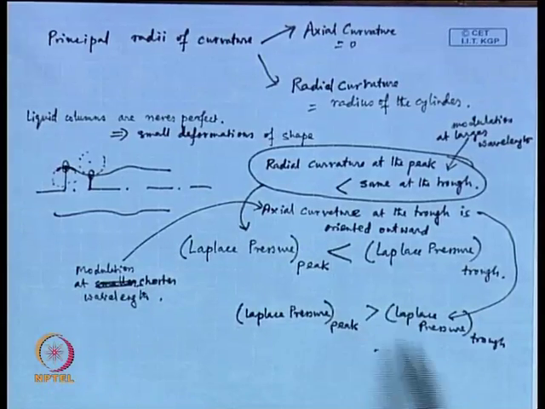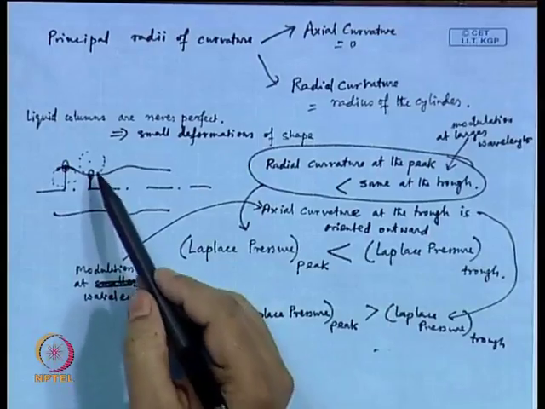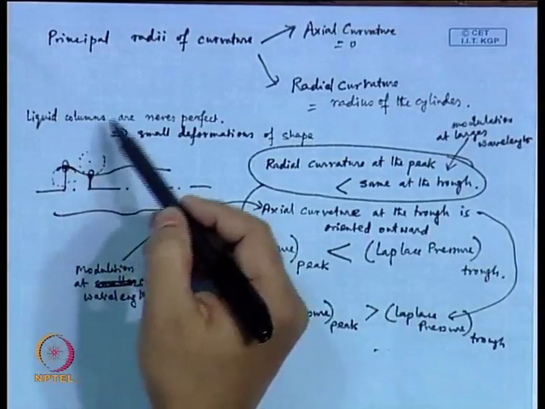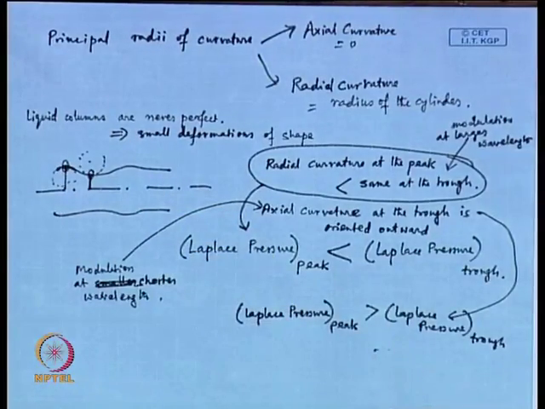In this case, the Laplace pressure will become negative, since the circle goes in for the trough, the circle goes outside the cylinder. So, probably this will become negative.